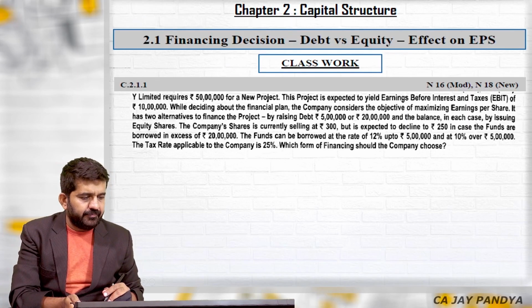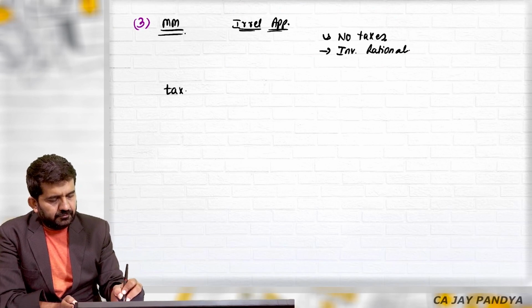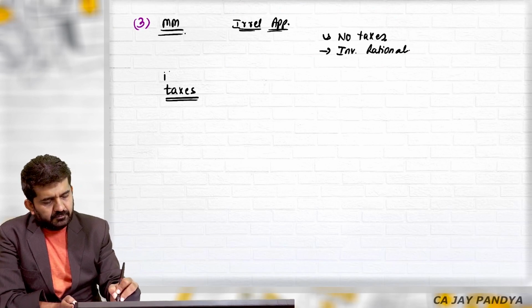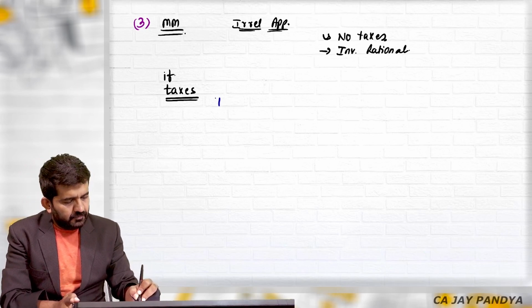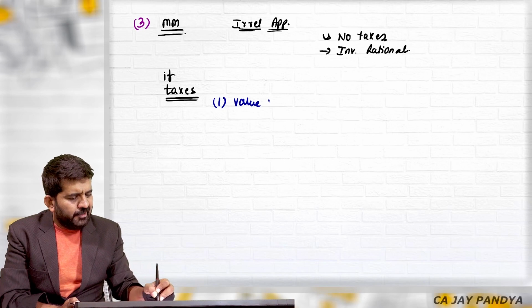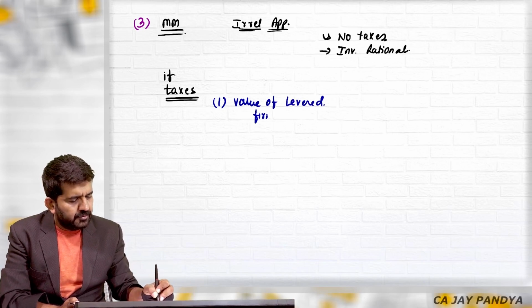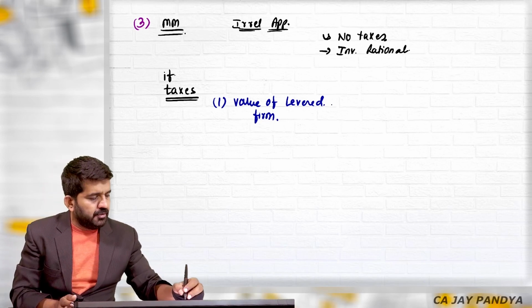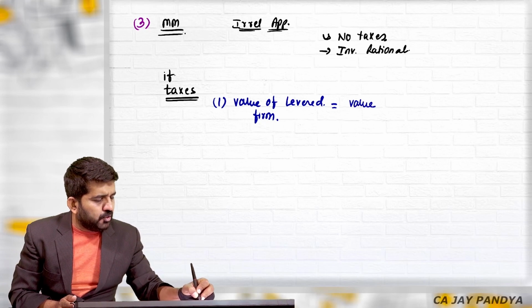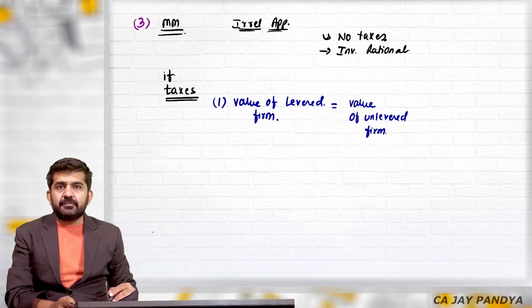Number one, if there are taxes, then the value of a levered firm, that is, a firm having a debt proportion, will be equal to the value of an unlevered firm.